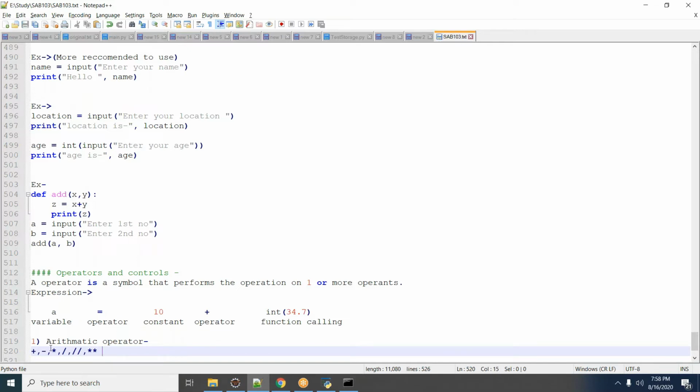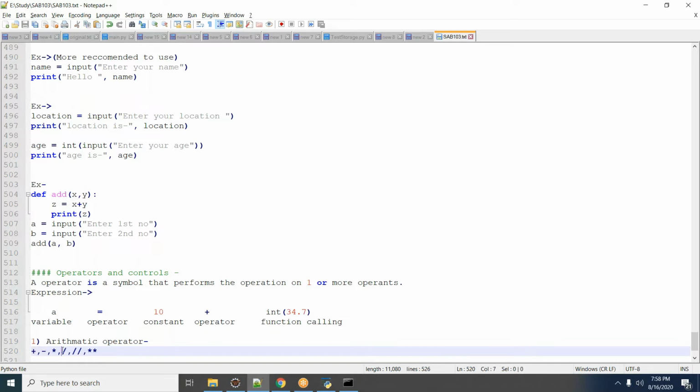I hope plus, minus, multiply you are aware. Plus is used for addition of two numbers. Minus is used for subtraction. If I use multiply, then 2 into 3 will give me 6. So I hope there is no need of discussing these three. If anyone wants to discuss these three as well, please ping me.